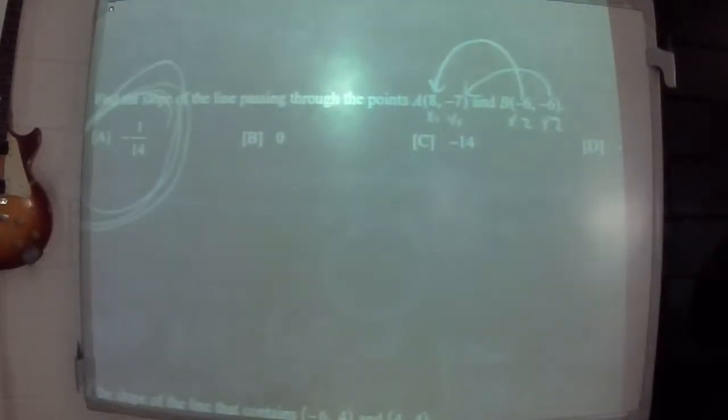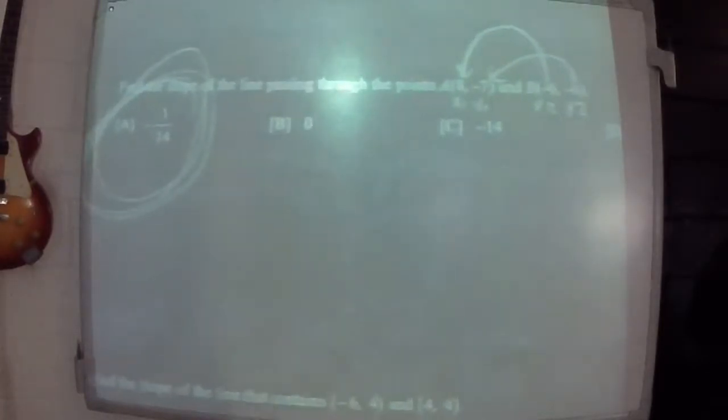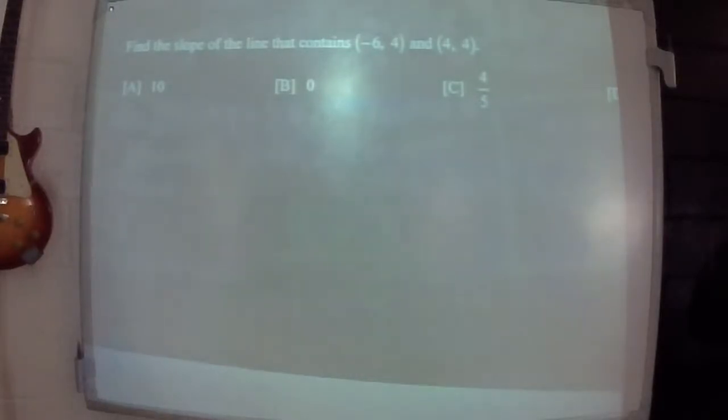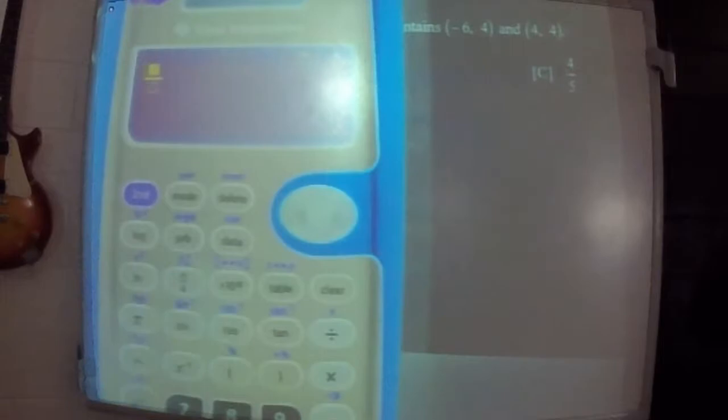Okay, and since I told you there's going to be an undefined and a 0, and this is our last one, this one's going to be 0. Let's put it in our calculator and talk about why or how you might know without even doing it. What minus what up top? 4 minus 4, and 4 plus 6 on bottom.